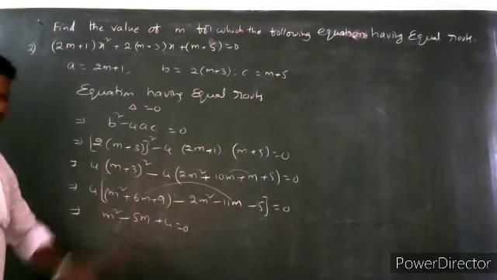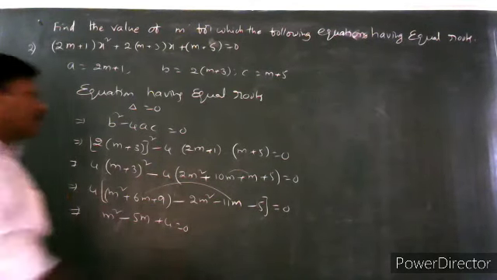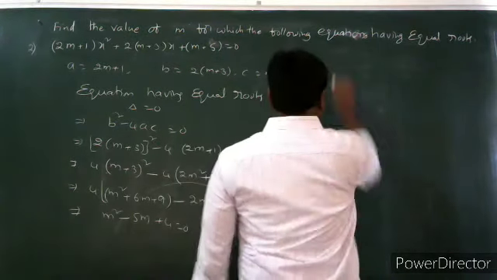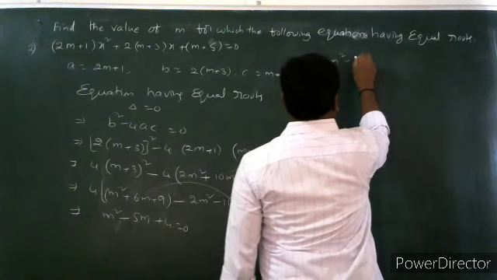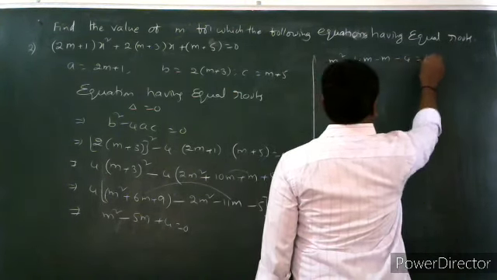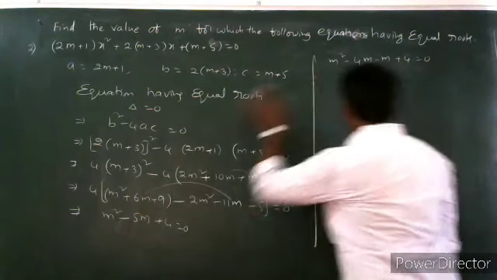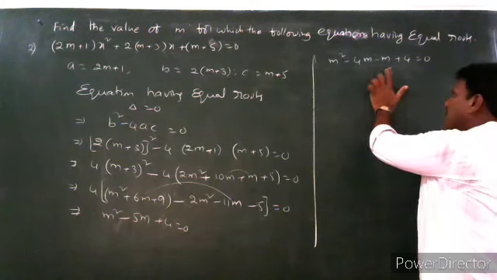This 4 can be written as 4 into 1. 4 plus 1 is 5. m square minus 4m minus m plus 4 is equal to 0. Minus 5m written as minus 4m minus m.